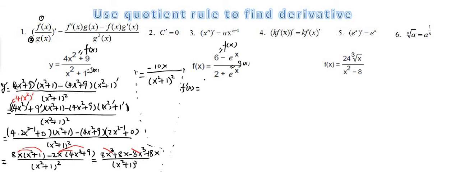So we have the derivative of the first function times 2 plus e to the power x, minus the first function times the derivative of the second function, over 2 plus e to the power x squared. So that is the quotient rule. And now we're gonna do the derivative for each term.